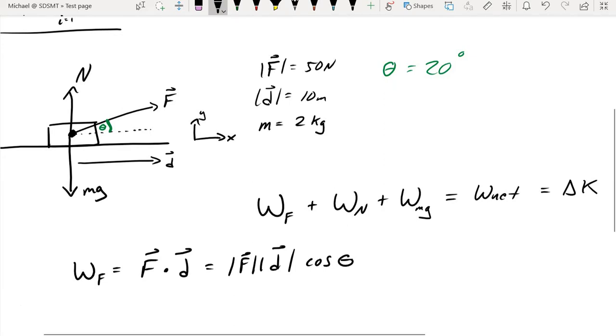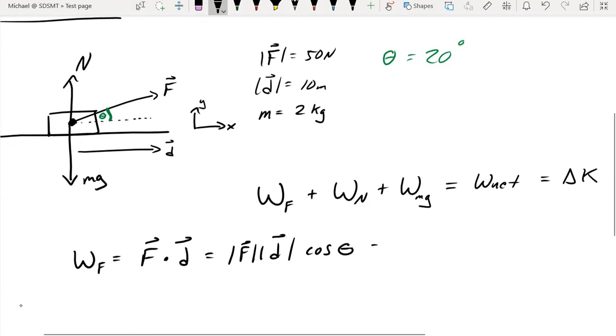So now we have values that we can plug in. We have 50, 10, and cosine of 20. All of that will be plugged into our calculator. 50 times 10 is going to be 500.